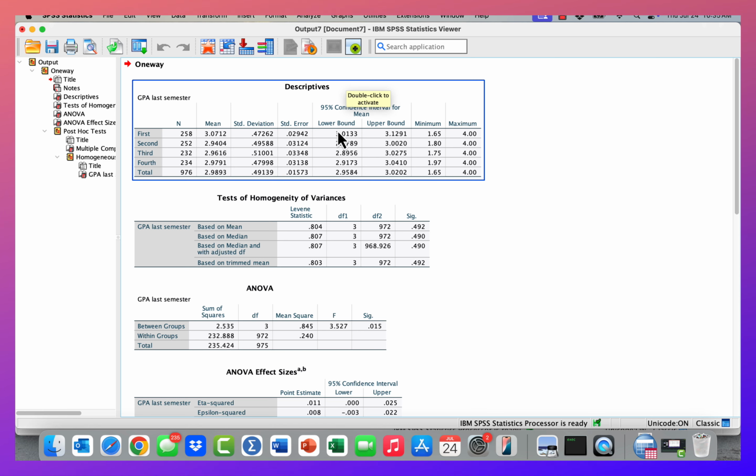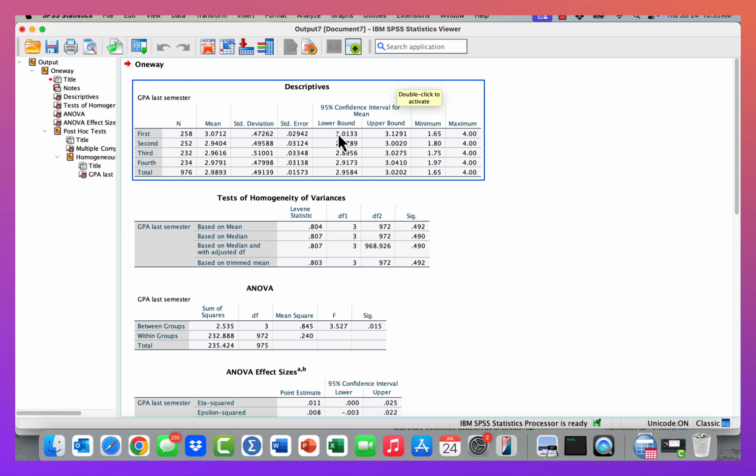We can also come over here, and the confidence intervals for the means can give us some insight into where significant differences may exist. More specifically, if the lower bound and upper bound confidence intervals of 2 groups don't overlap, then we can say they're probably different from each other at a 95% level of confidence. So what does that look like in practice?